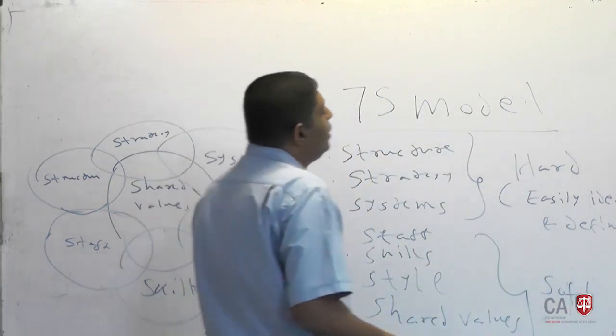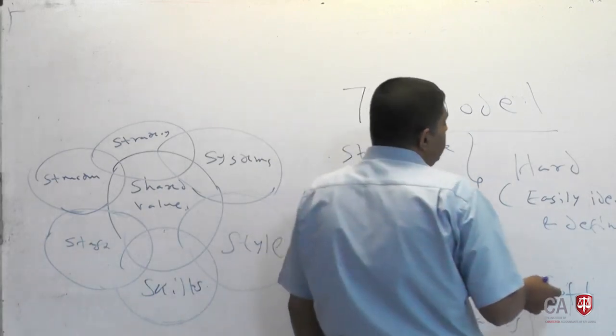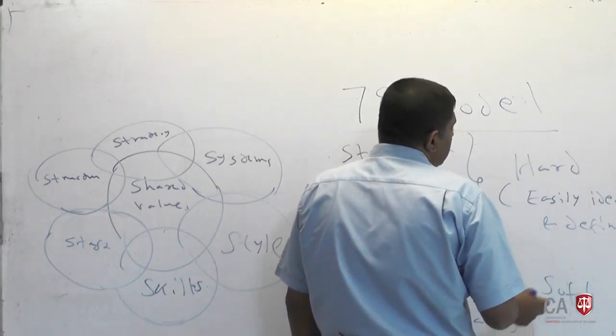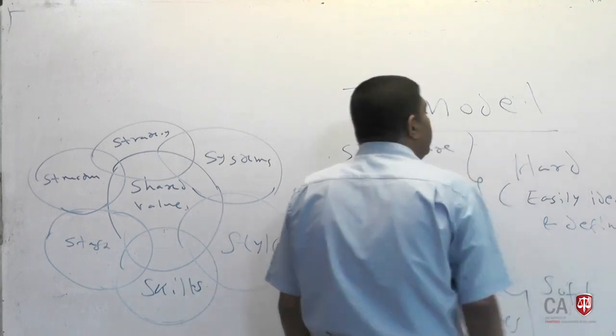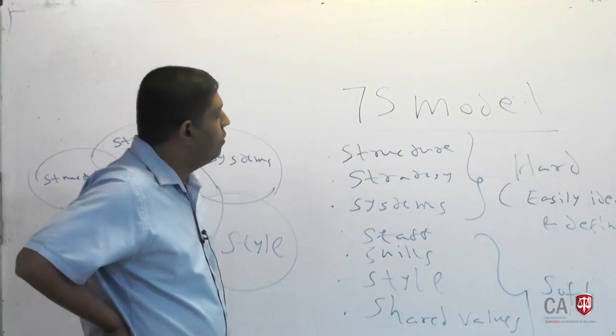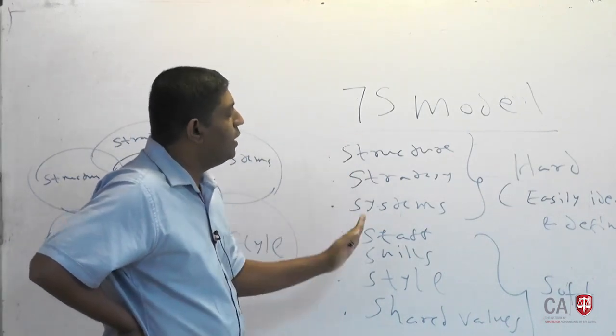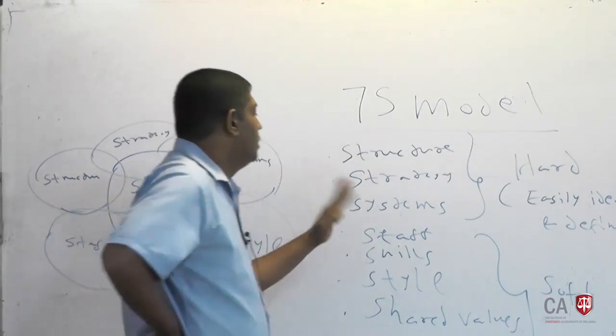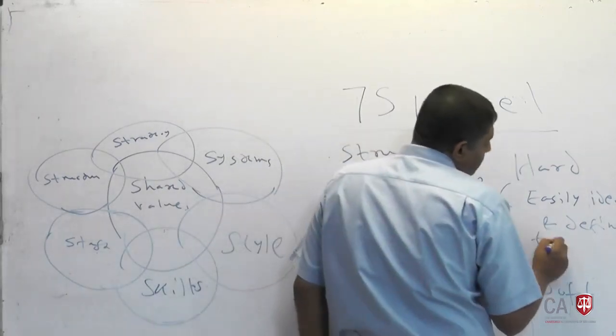So, if you can identify a particular element easily and define it, then we identify it as a hard element. These first 3 can normally be easily identified and defined. They are normally tangible in nature.